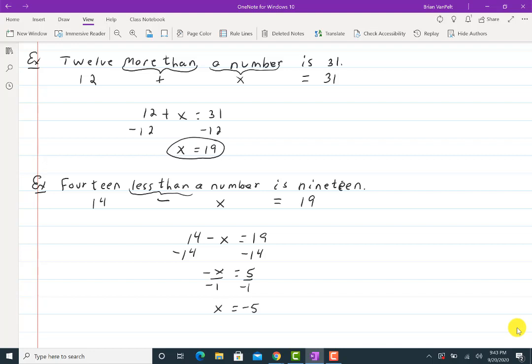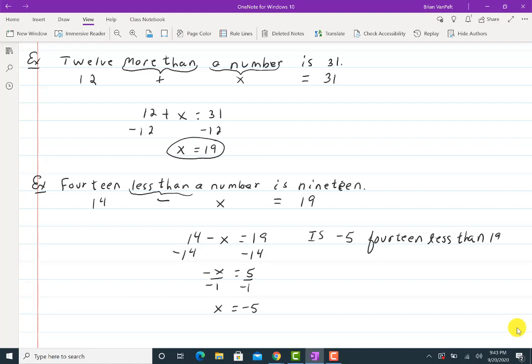Now ask yourself, is negative 5 14 less than 19? I forgot the word less. Is it true that negative 5 is 14 less than 19?